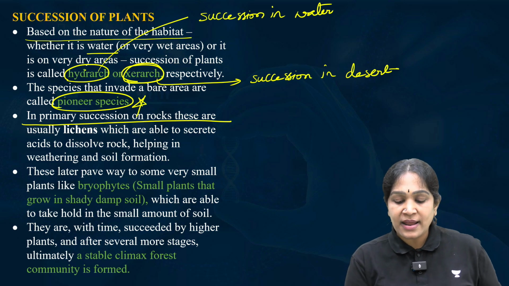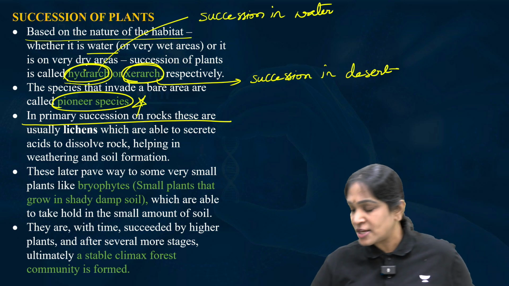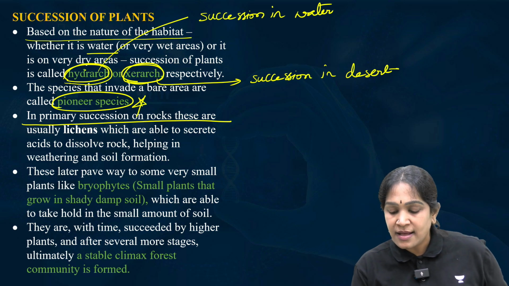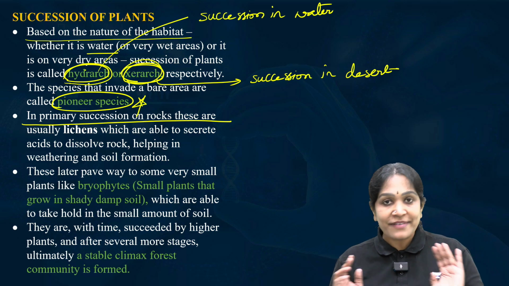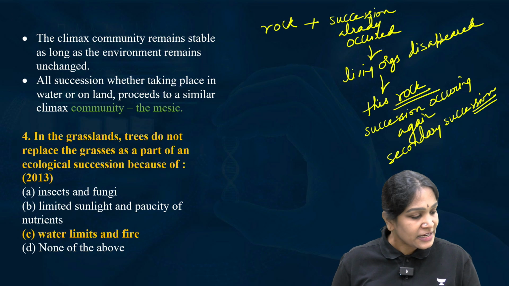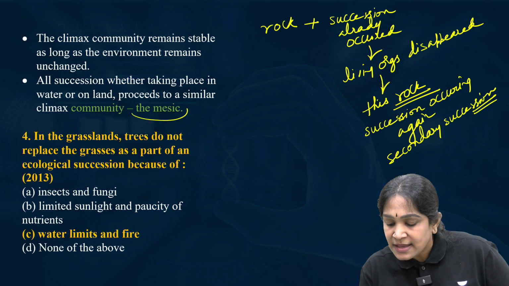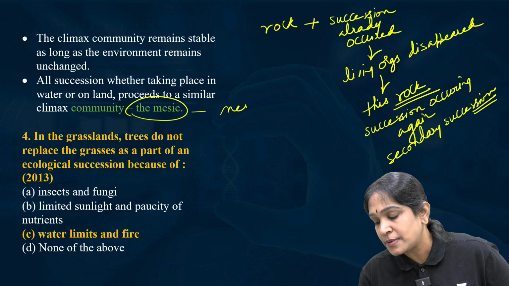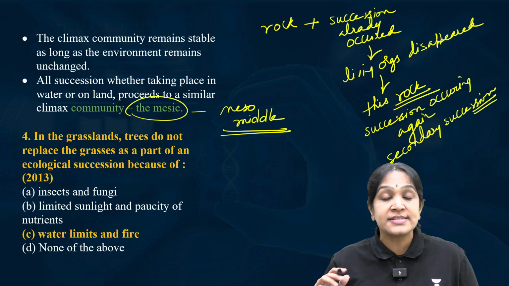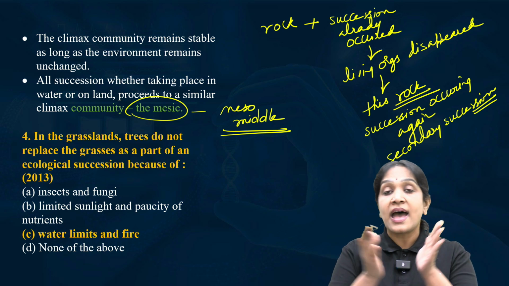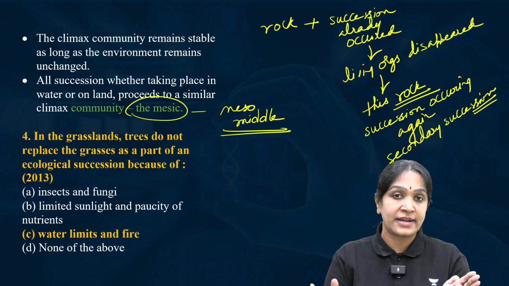And if you remember, hydrarch is a succession in the water. Xerarch is a succession in the desert. But whatever happens, finally it will form a mesic community. The word meso means middle. It is not as wet as a water body. It is not as dry as a desert after the succession is completed.